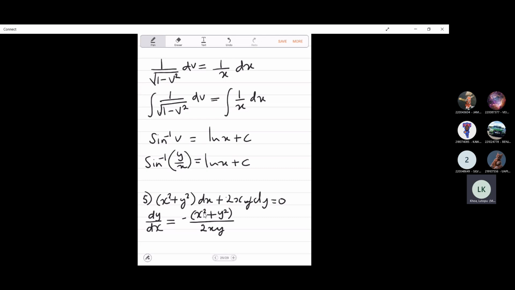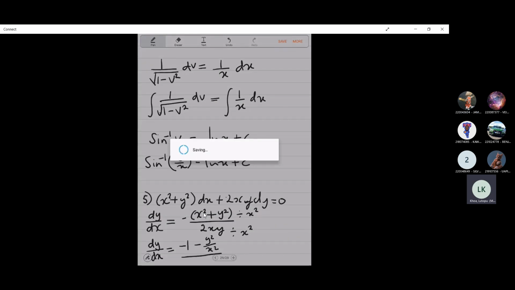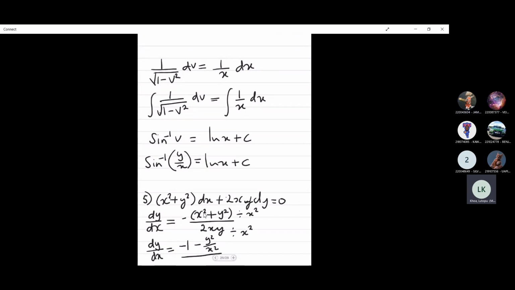You can see that if I divide the numerator by x squared and the denominator by x squared as well, I will have dy/dx equals negative (1 plus y squared over x squared), and then in the denominator I will have 2y over x.